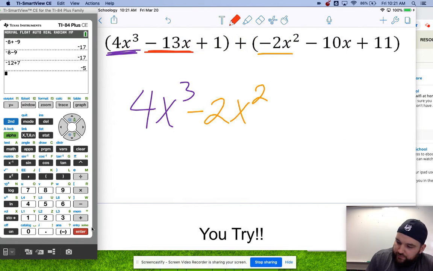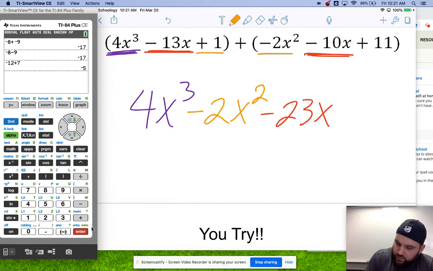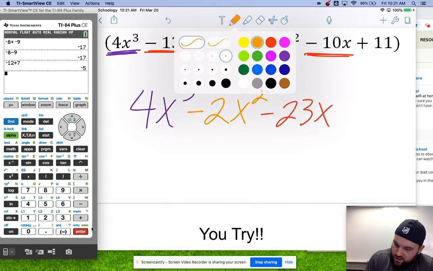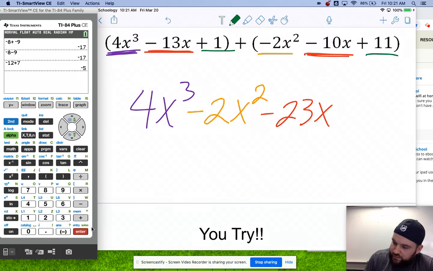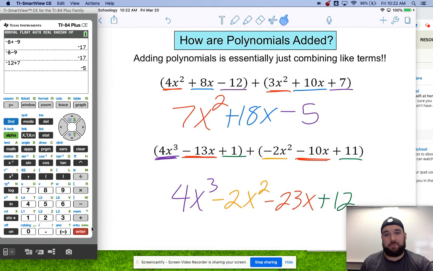Then I have negative 13x and negative 10x, which is minus 23x. And finally, I have, what haven't I used yet? Orange, positive 1 and positive 11. I already used orange. Green. Positive 1 and positive 11 makes 12. Okay, so that's how we can add polynomials together, just combining like terms.